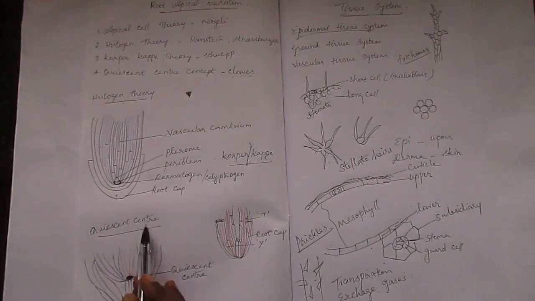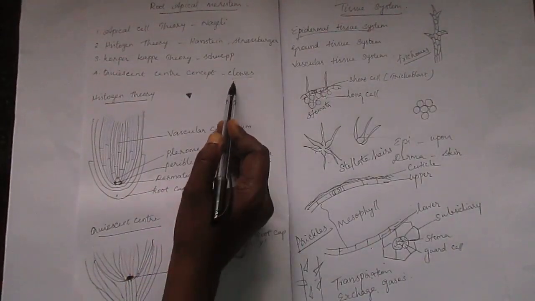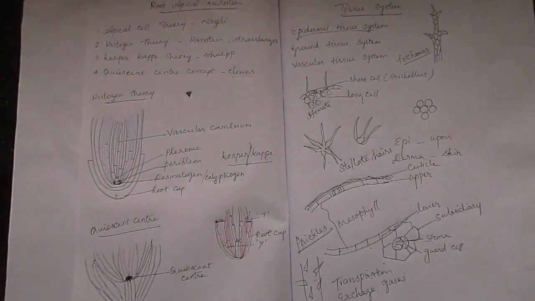Next theory is quiescent center theory, proposed by Clowes. This quiescent center explains the activity of the root apical meristem. There is a question, what is called quiescent center? The apparently inactive region of cells in root pro-meristem is called quiescent center.